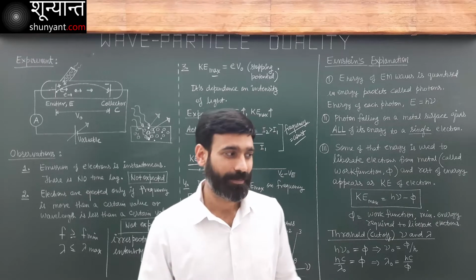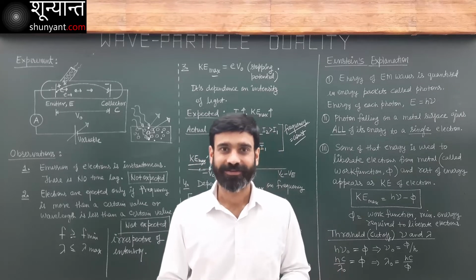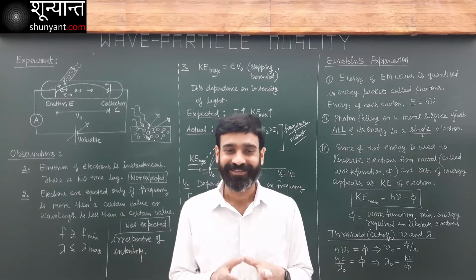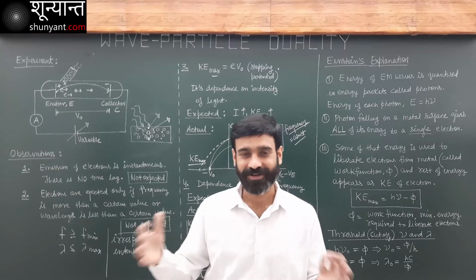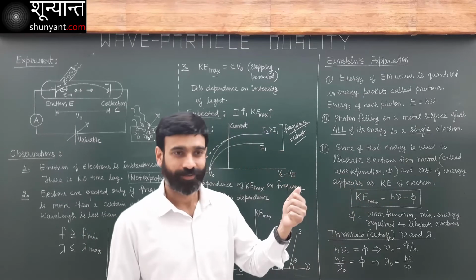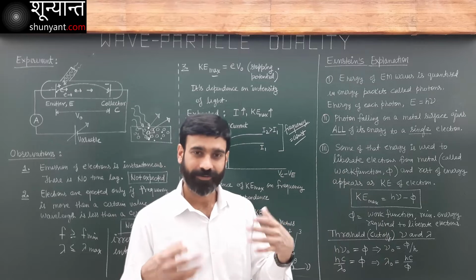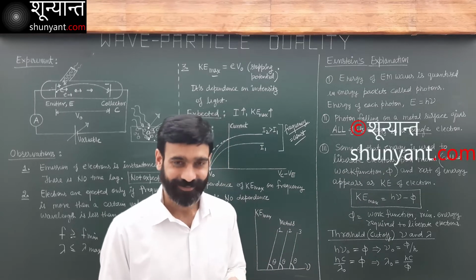Think about it. Somehow light knows this. Light knows that this is the arrangement for YDSE, now is the time to act like a wave. And now this is the setup for a photoelectric experiment, so let me act like a particle. Well, it does not happen that way.